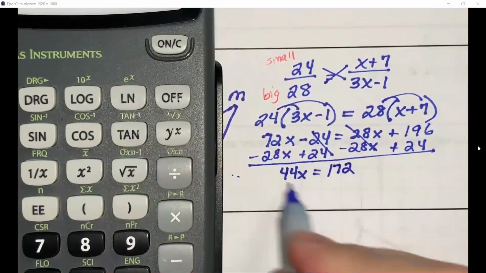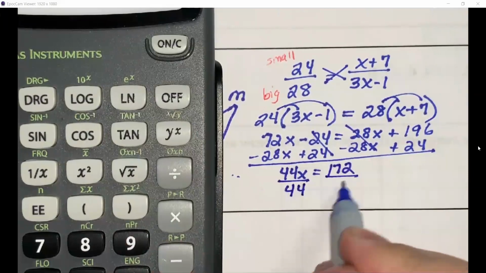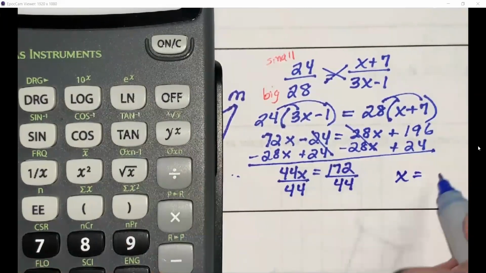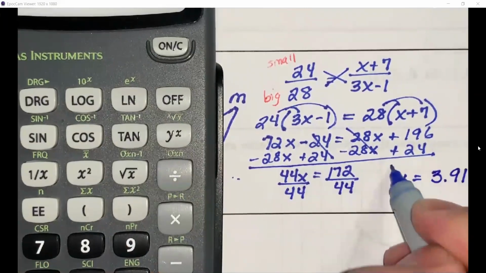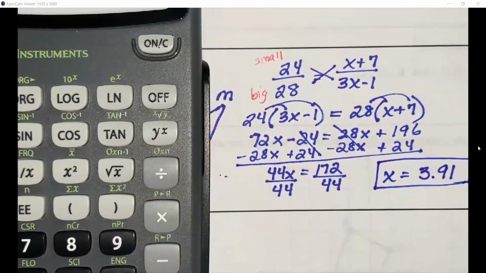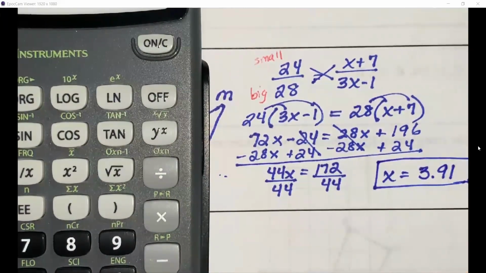So finally, if I want to get x by itself, I divide by 44. I get x is equal to, let's just say, 3.91. I was hoping it would be a nicer decimal. Did I do that right?